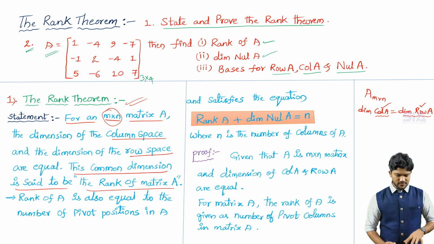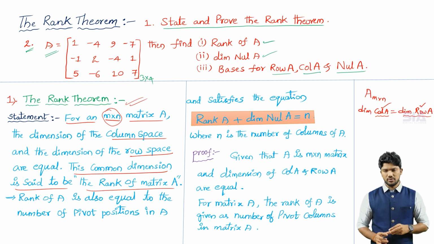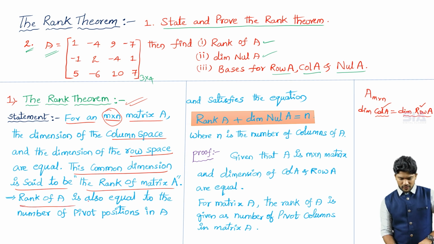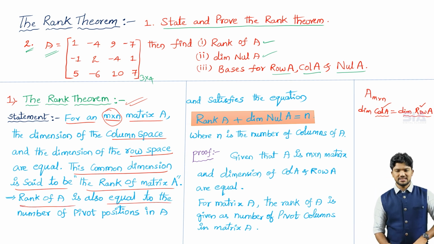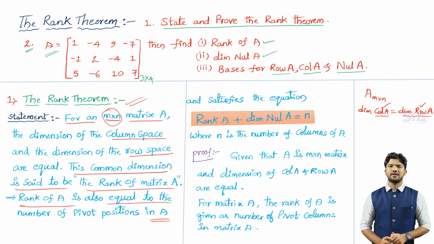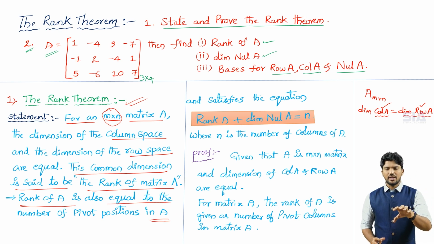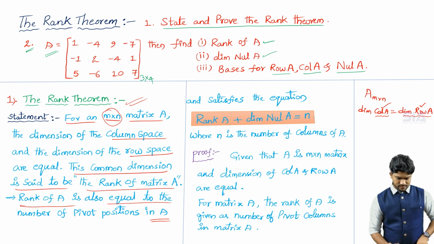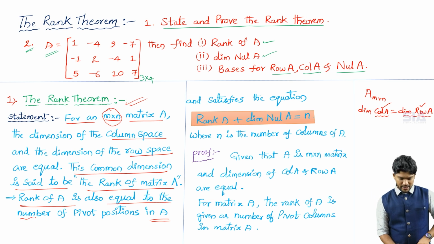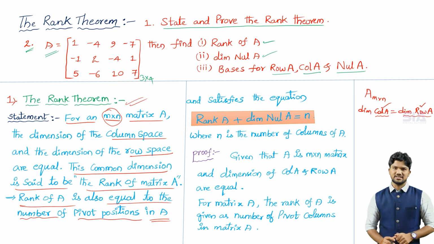This rank is very important for this unit 2. Next, the rank of a matrix is equal to the number of pivot positions in matrix capital A. So the first statement is that the dimension of the column space of A equals the dimension of the row space of A. And next, the rank of capital A can also be defined as the number of pivot positions.